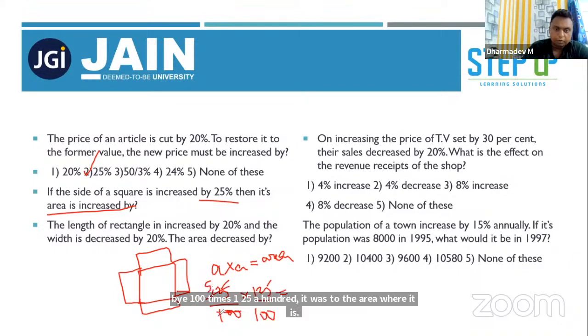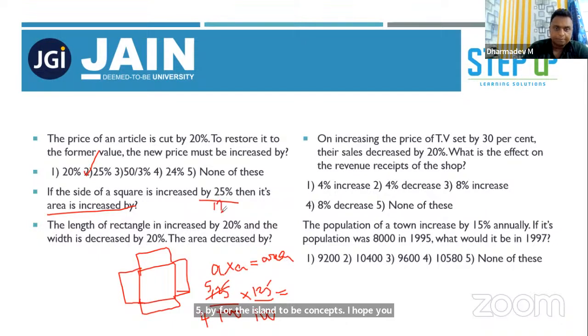L into B concept. I hope you remember. Increment, so it is 125. Both are A and A. So that is why I'm taking 125 into 100 and 125 into 100. 5 by 4. So out of 100, I want to calculate it. Calculate and tell me how much do you get.